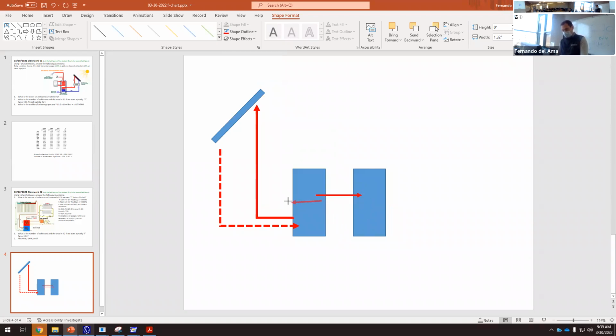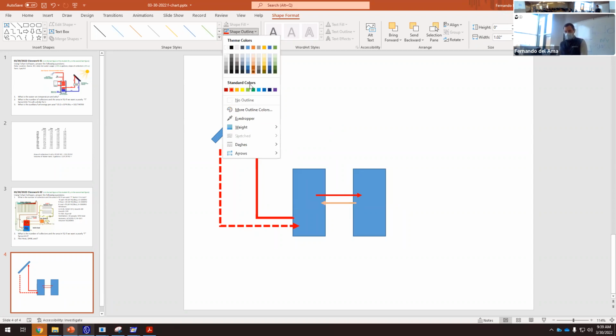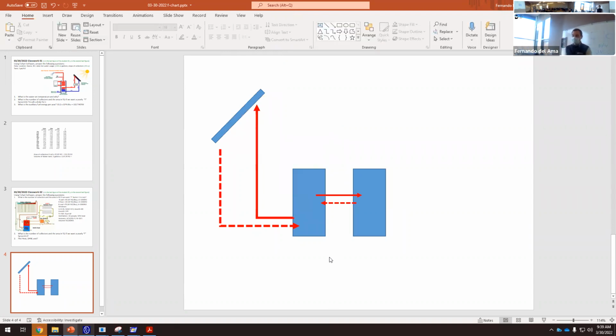And here we have another one. So there's an inlet and outlet, so that would be dashed. Okay, so there's another heat exchanger. Here we have another tank. So we heat up this tank, and then there's another connection here. We are using this warm water to preheat this tank here.